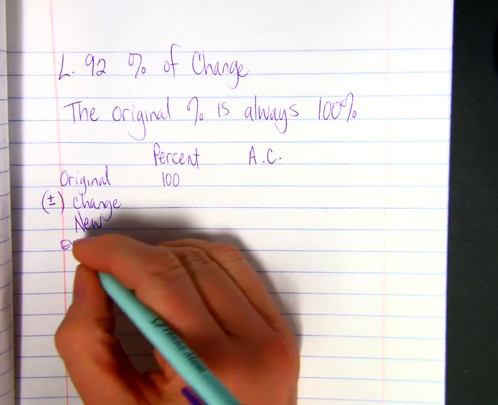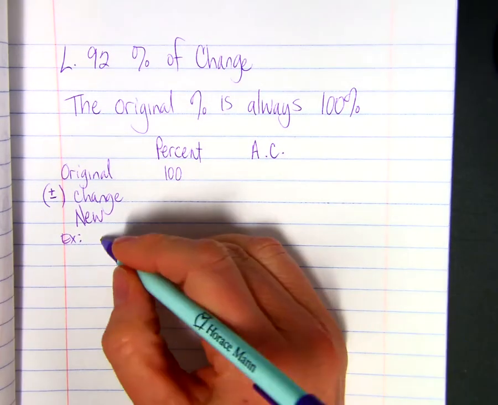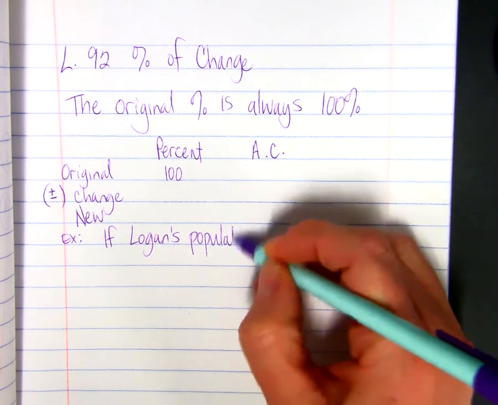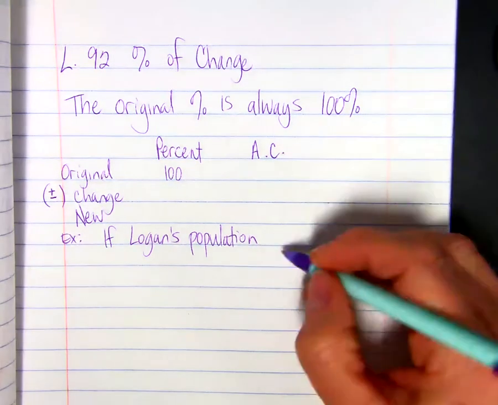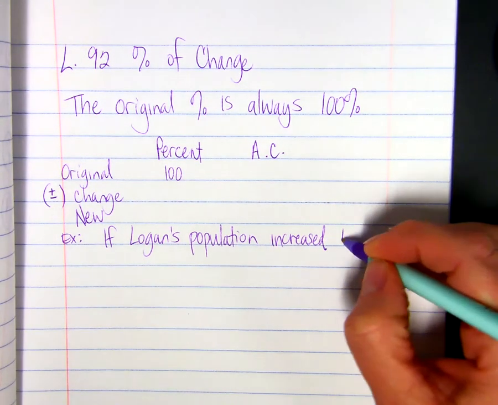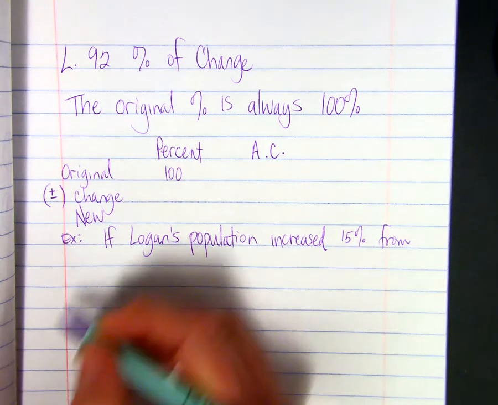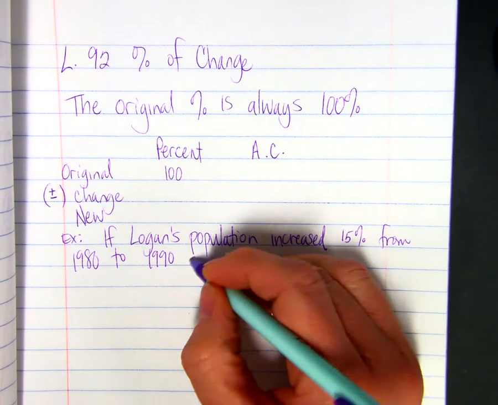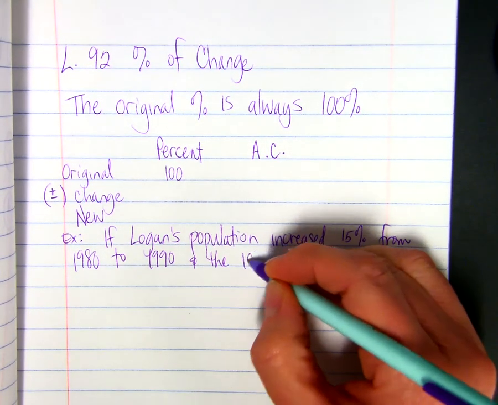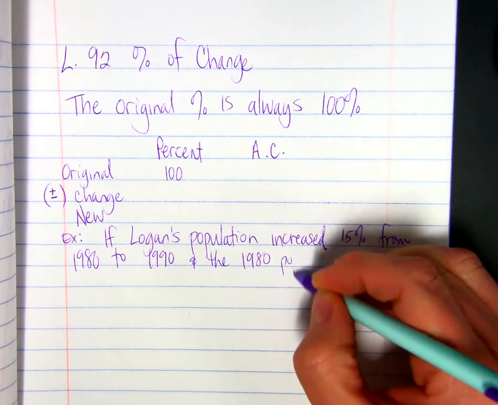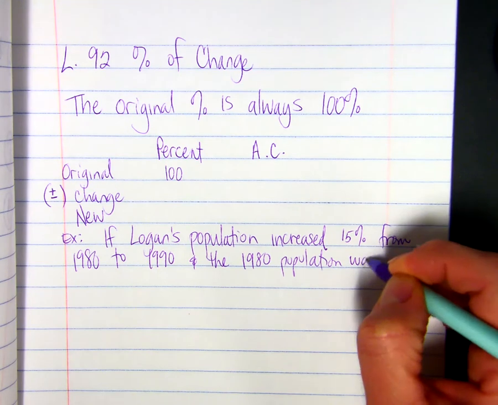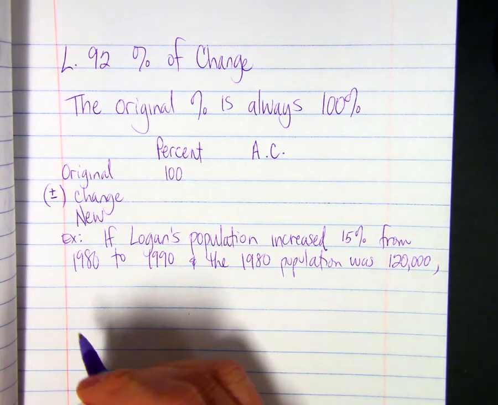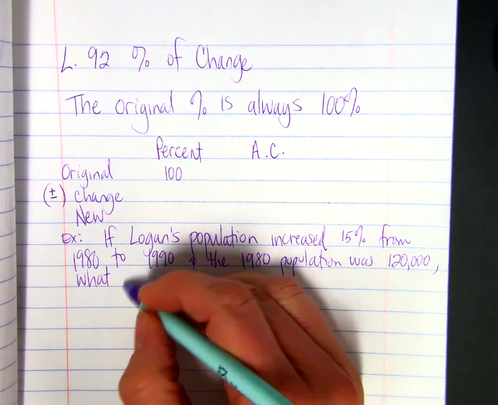So here's an example. Now we just have a few examples. If Logan's population, that's our city Logan we're talking about, not a person Logan, increased 15% from 1980 to 1990, and the 1980 population was 120,000, what was the population in 1990?